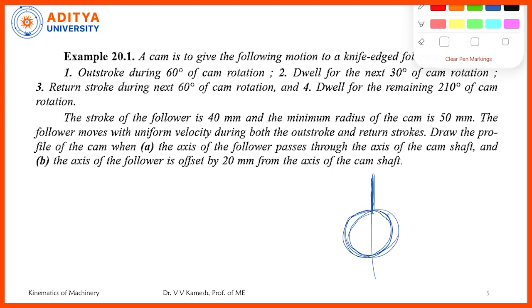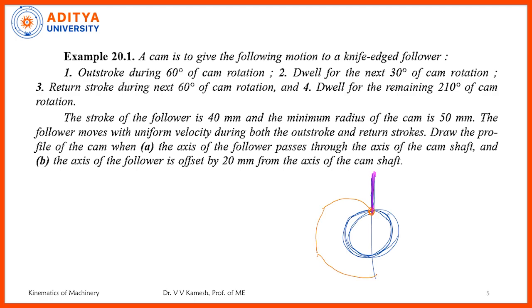The tracing point will be the first contact point between the base circle and the follower. There we completed: this may be the rise, this is the dwell, this is the return, and the remaining part is dwell. Like this we completed.